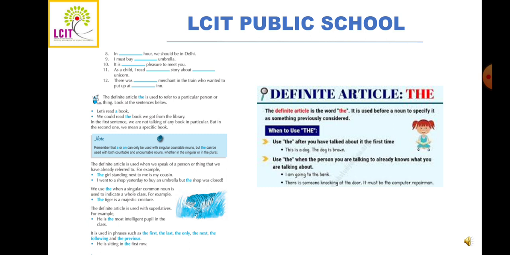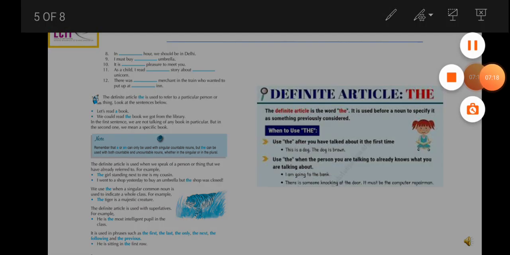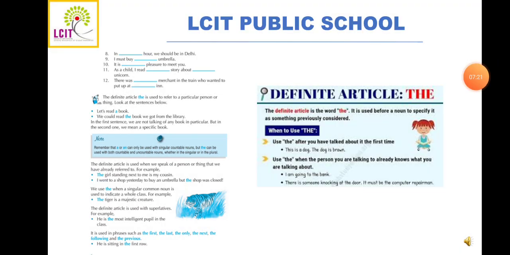So if I am talking in a sentence, where do I use the? If I have spoken about something before, when I am using the, I need to make sure whether that topic is known to everyone or not. As an example, if I say the dog is brown, which dog is brown?